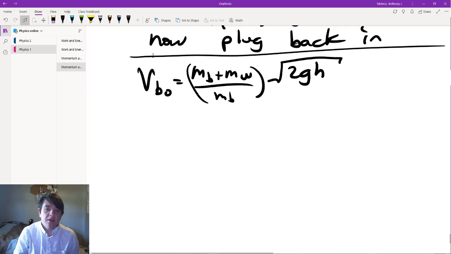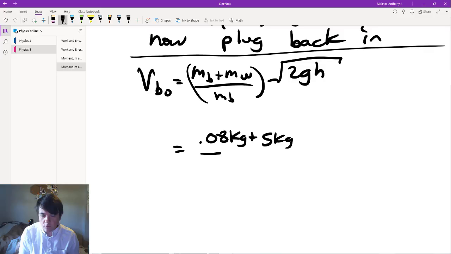And now we can plug in the numbers and make everything work mathematically, or work numerically. So 0.08 kilograms plus 5 kilograms over 0.08.